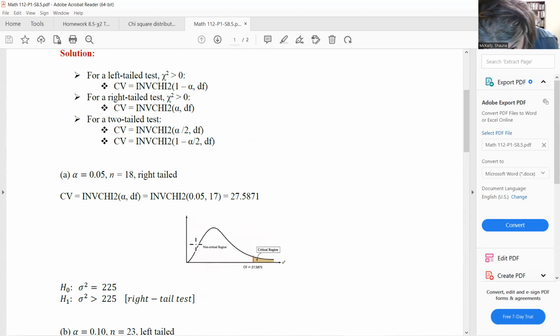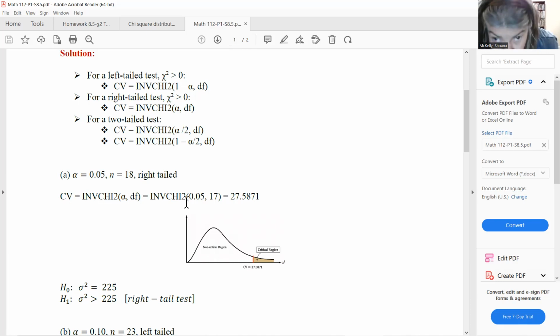So you have a distribution skewed, and this y-axis is there to remind you that we start from 0. 0 is not in the middle of the distribution this time, it's on the very end. And our critical value, as we said, is 27.5871.